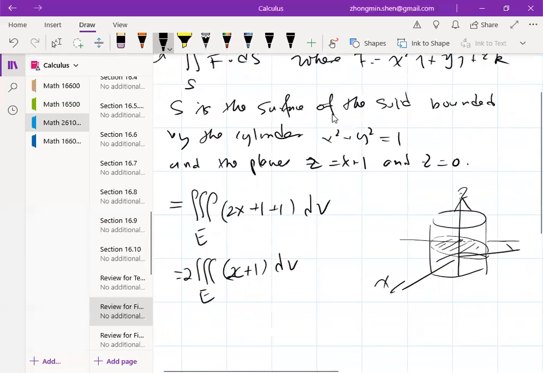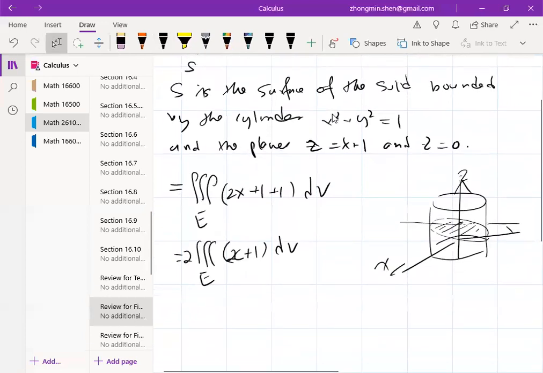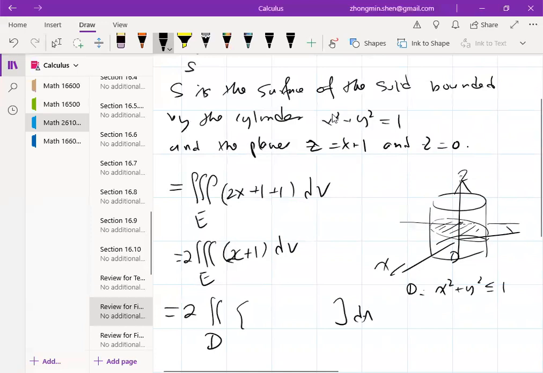Okay, so next what you're going to do is, this is a triple integral. You should convert it to a double integral and then one single iterated integral. So this disk is D, where D is x squared plus y squared less than or equal to 1. For every point with coordinates x and y, you draw a vertical line, right?